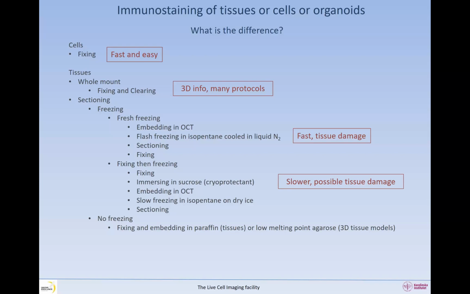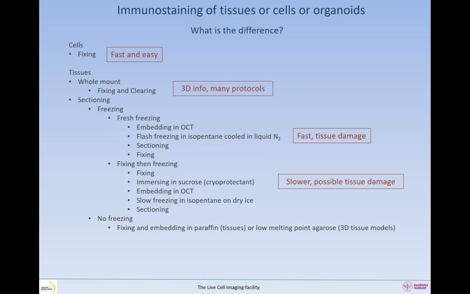The paraffin is a thick oily material, and this is used for tissues. On the other hand, agarose is water-based, and it's much softer. So it can only be used for very soft material like 3D tissue models where the cells are growing in a gel.